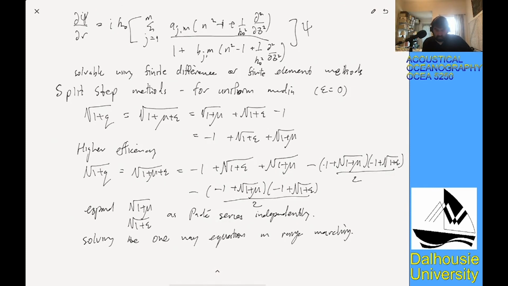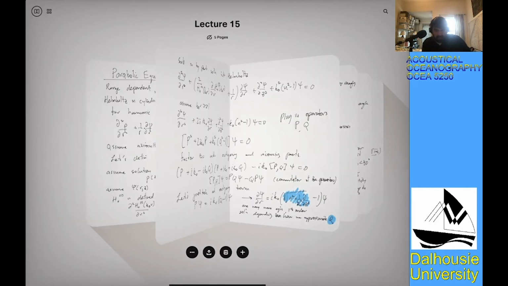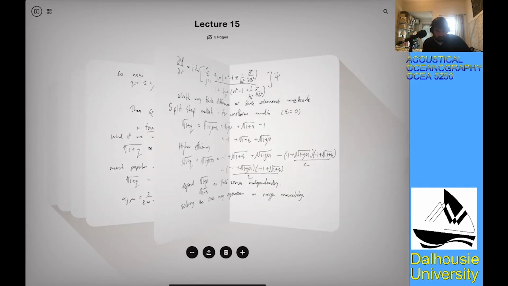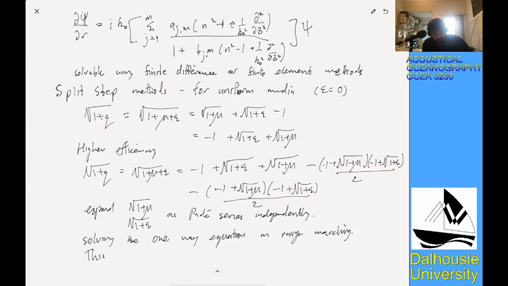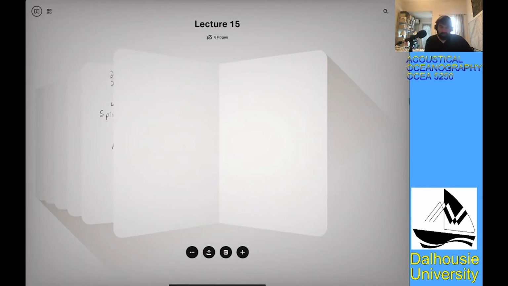You may recall back a few pages ago that on the right-hand side of our equation we had 0. So this only marches the field forward. There's no source. This doesn't solve the field. It only marches the field forward.